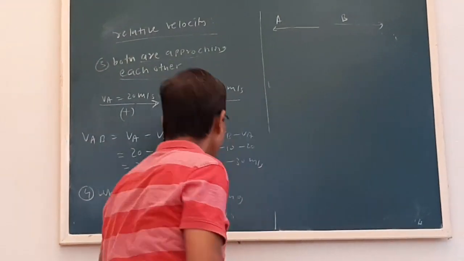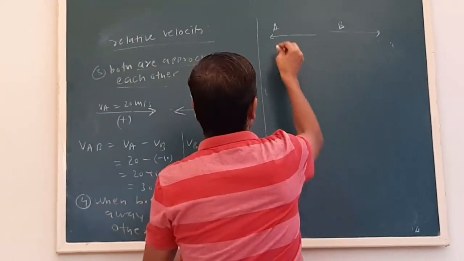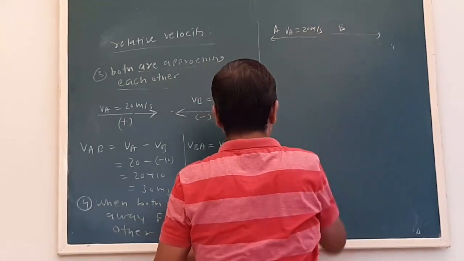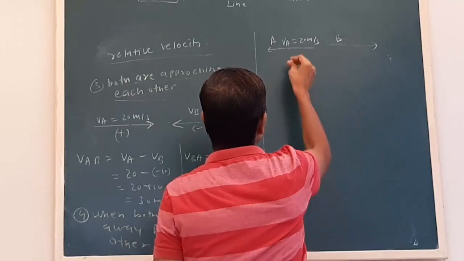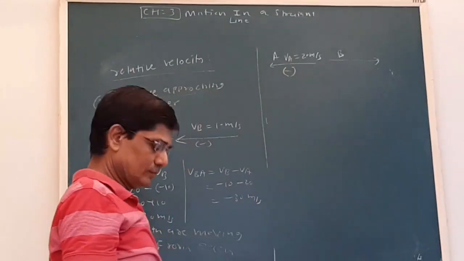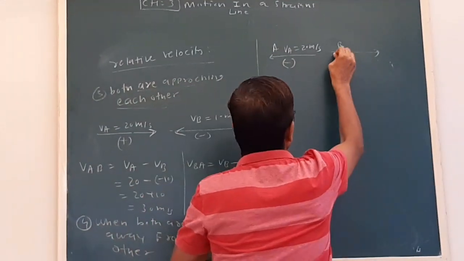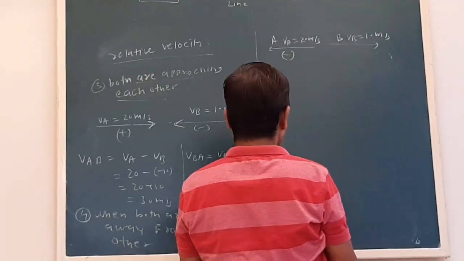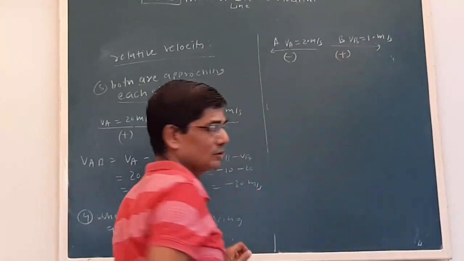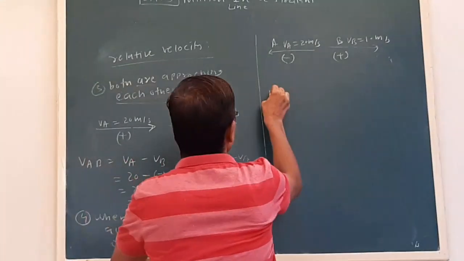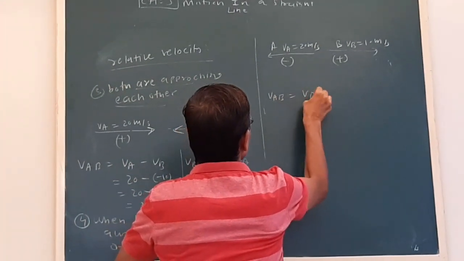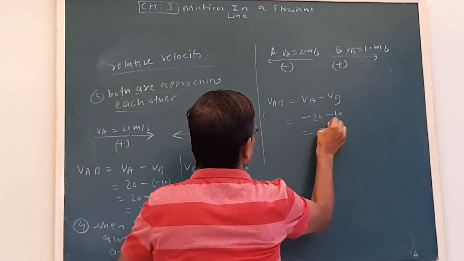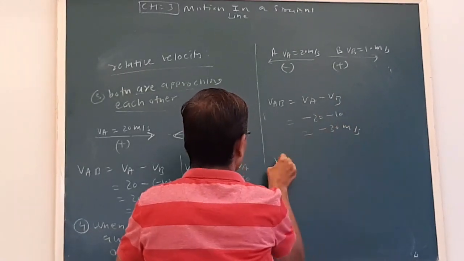Now see again by our simple calculation, VA we take as 20 meter per second. Again by convention, left hand side we take negative, and VB is... and the right hand side we take positive. So see our VAB will be VA minus VB, minus 20 minus 10, or VBA.